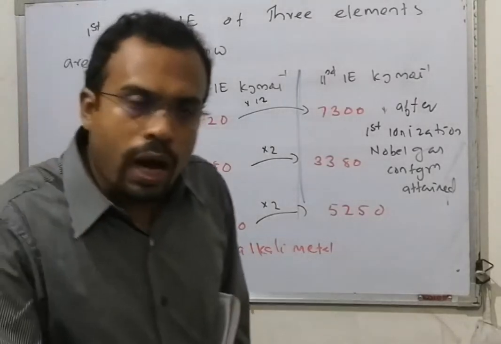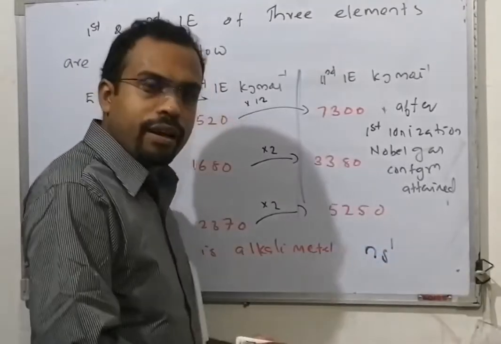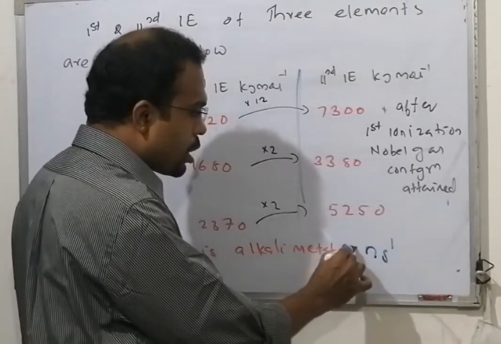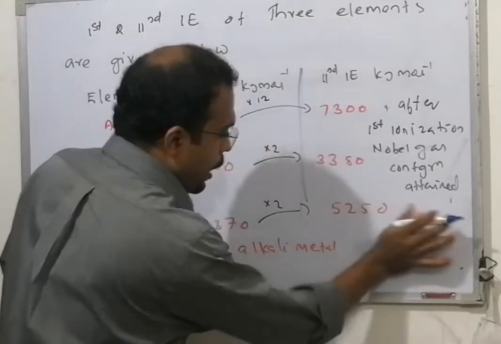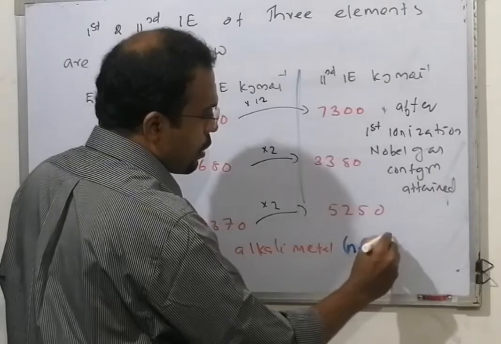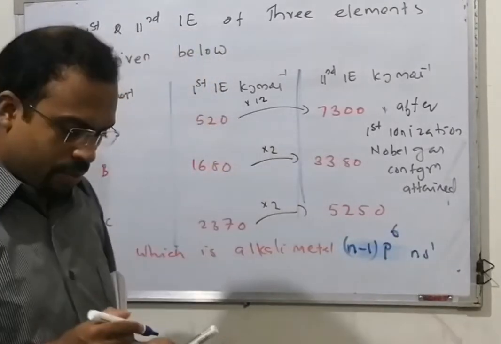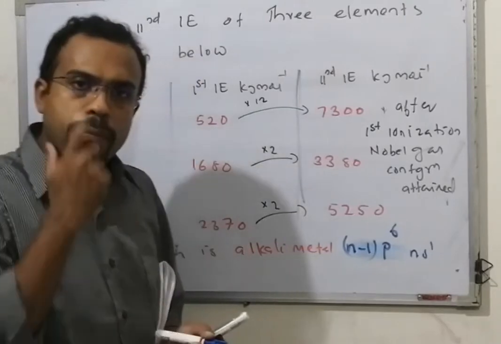We know that alkali metal is ns1, (n-1)p6, ns1. This is alkali metal because they are group 1 elements.